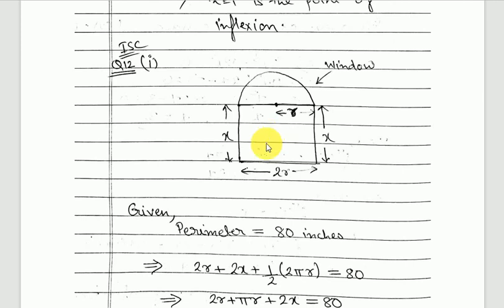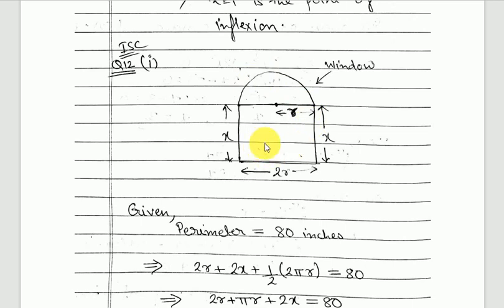So here we want to find the maximum area. We want to know when we will get the maximum area for this rectangle. So here we are talking about maximum area. What we have to do is frame an expression.